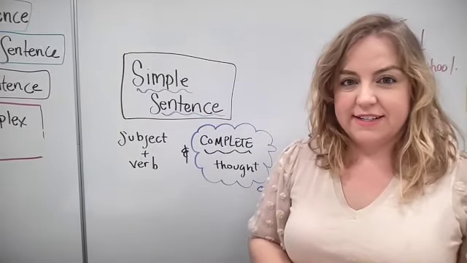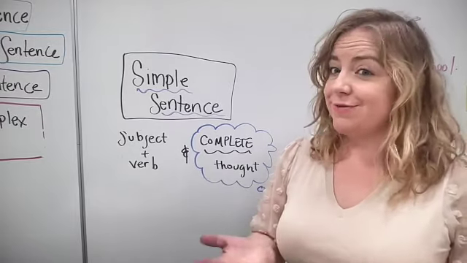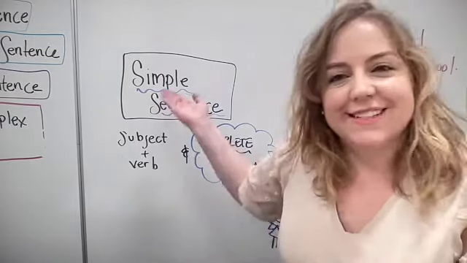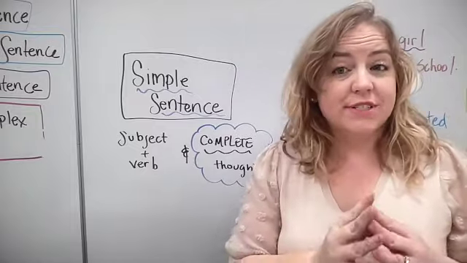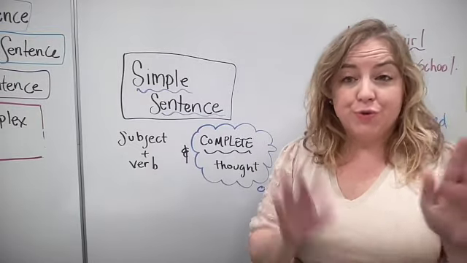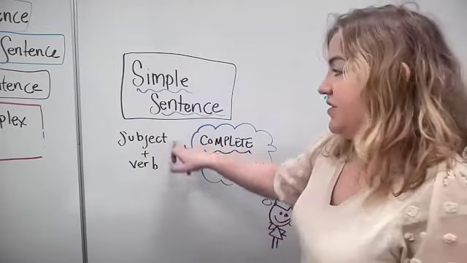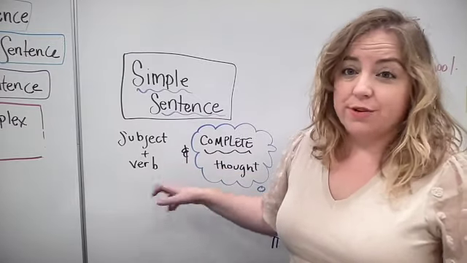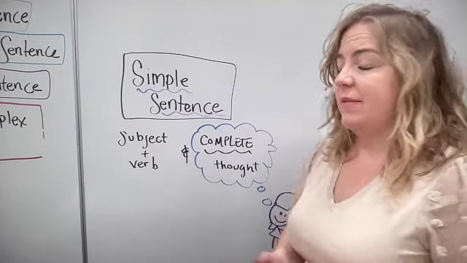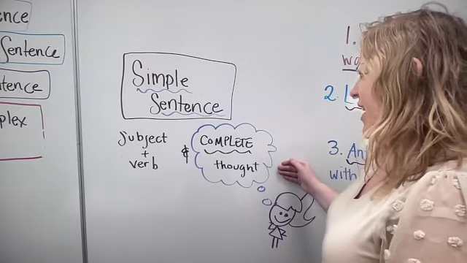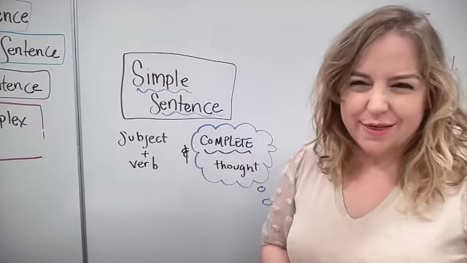So the first type of sentence, the simplest form, is conveniently called the simple sentence. The simple sentence has two components. It must have a subject and verb in order to make it a full sentence and not a sentence fragment, but it also has to express a complete thought.